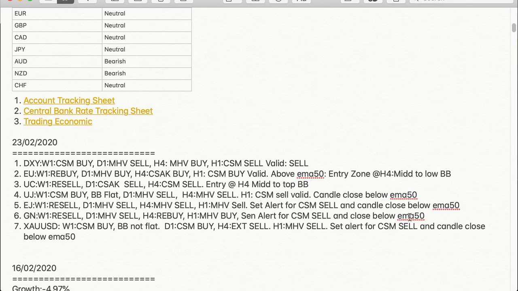GBPNZD is a sell. However, we need to wait. And also gold, gold is buy. We plan to enter at H4 when price retests the MA510 high and low. MA510 low, sorry. So that's it for this week.